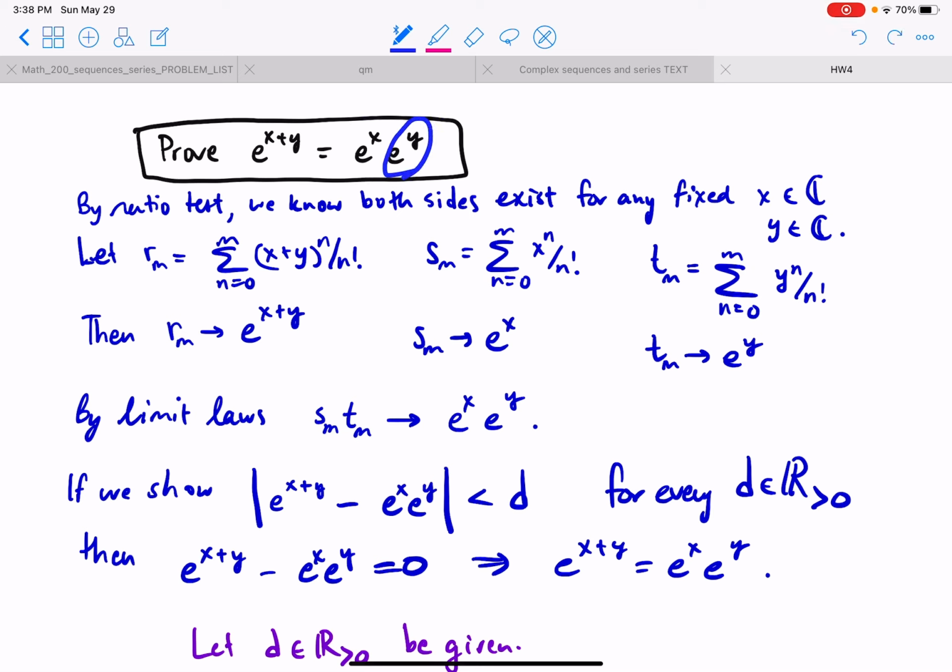And e to the y is not an infinite sum, it is a limit of partial sums. So this is a complex number, this is a complex number. But in essence, that is what we're going to do, is multiply the partial sum times the partial sum. And then there's going to be some extra terms that are seriously annoying.